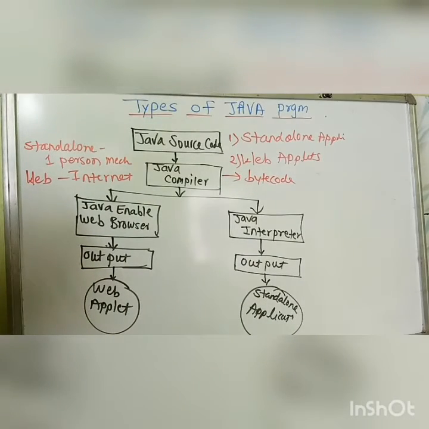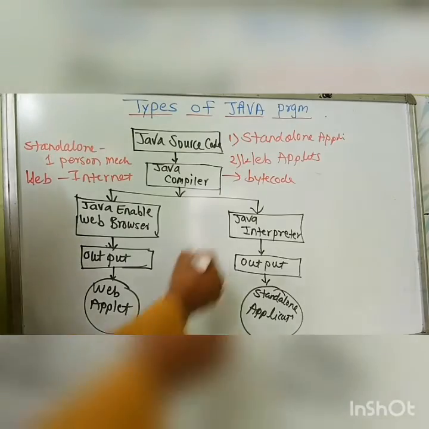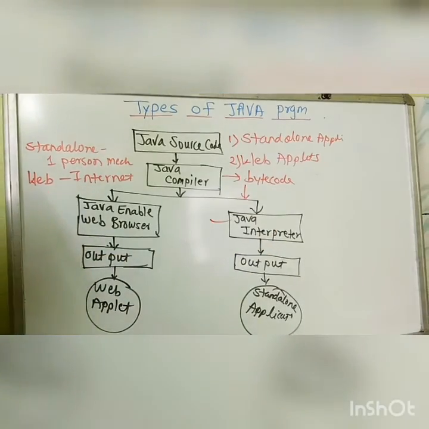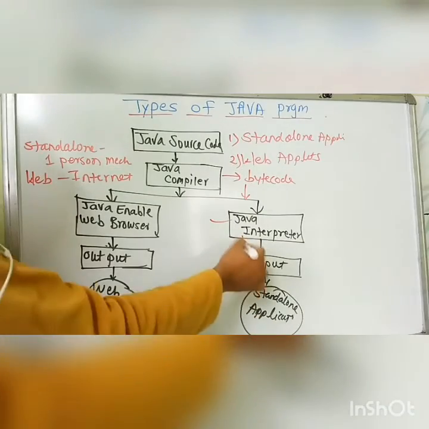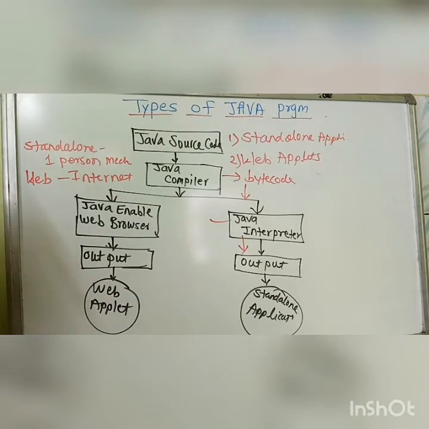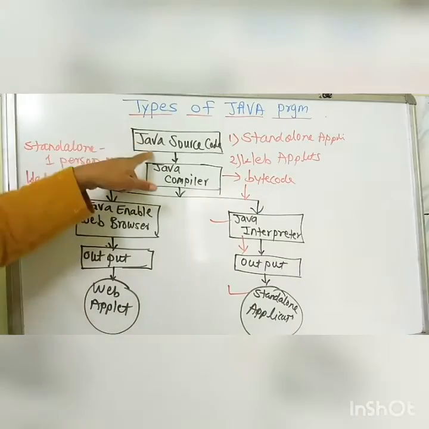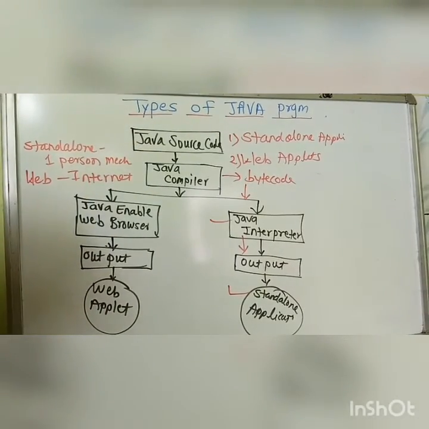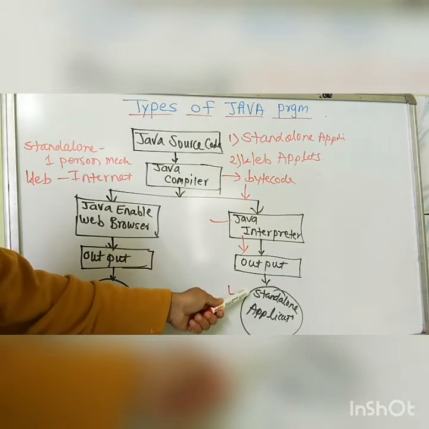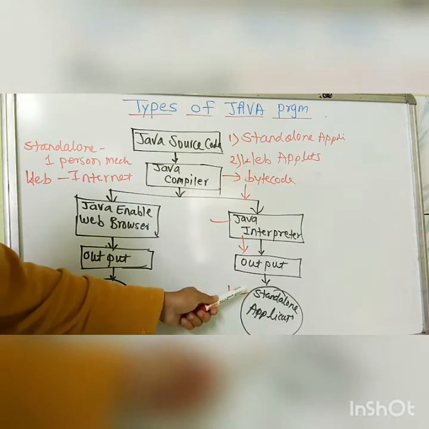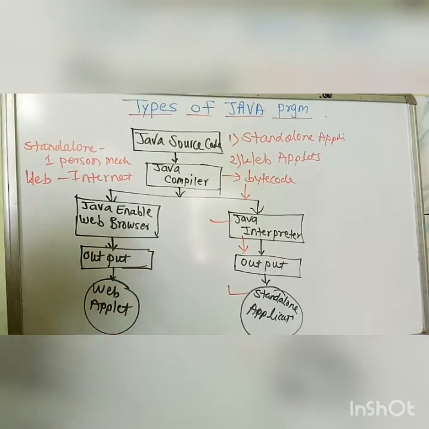Then we execute this bytecode using the Java interpreter, and finally we get the output as a standalone application. These programs can read and write files and perform certain operations that applets cannot do. These are simple programs that handle mechanisms which web applets do not handle.